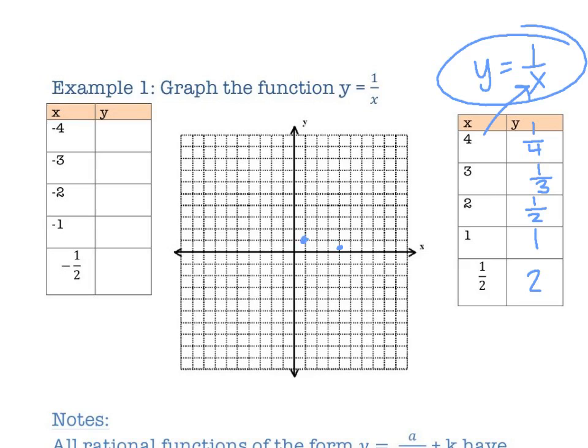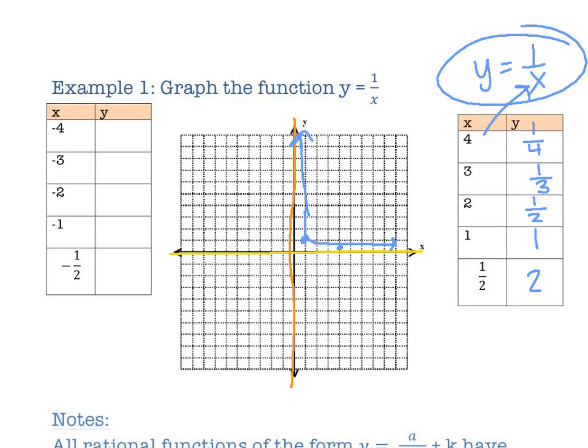From the last slide, we know that we have a horizontal asymptote at the x-axis, and we have a vertical asymptote at the y-axis. And what I want to do now is just connect those points approaching my horizontal and vertical asymptotes.